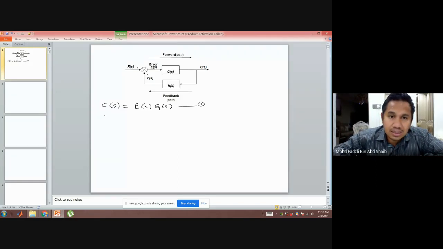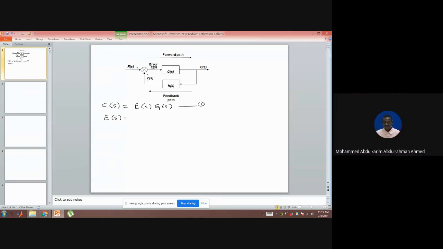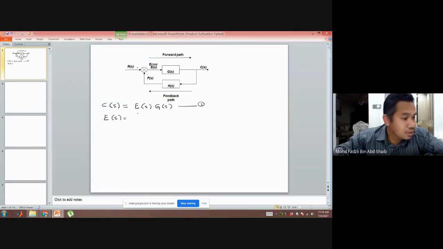How about E(s)? Where is the E? It is here. So E(s) equals what? The error equals the difference between the input R(s) and F(s). So E(s) equals R(s) minus F(s).